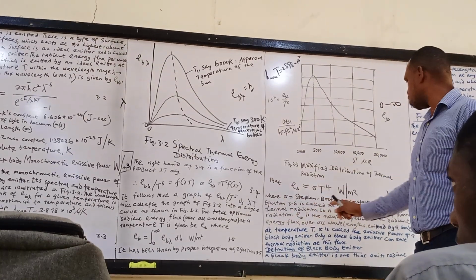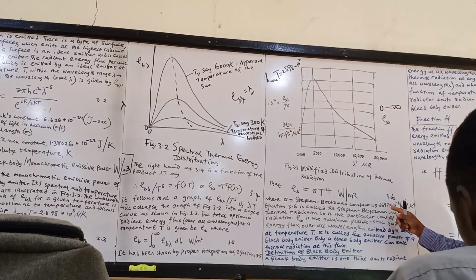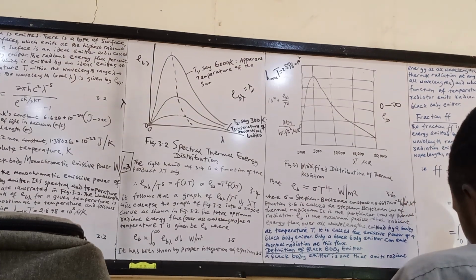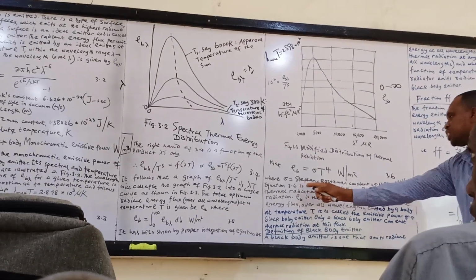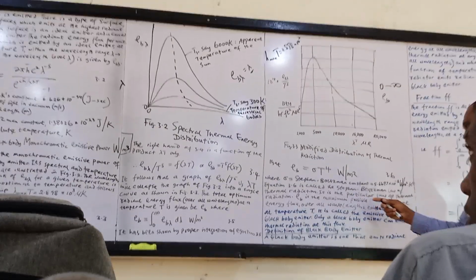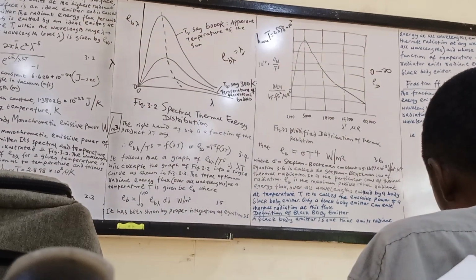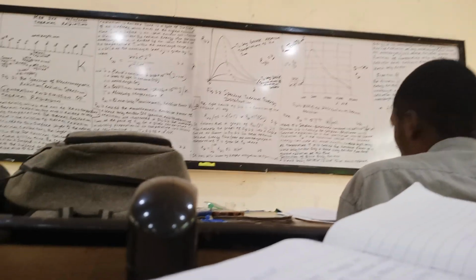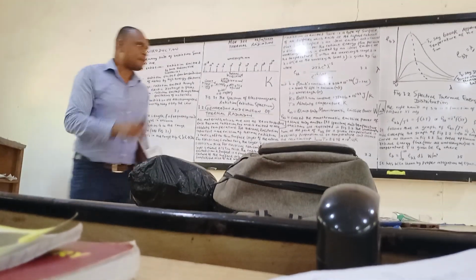Where sigma is the Stefan-Boltzmann constant, which is given by 5.6697 times 10 to the power minus 8 watt per meter squared per Kelvin raised to the power 4. So equation 3.6 is called the Stefan-Boltzmann law of thermal radiation. It is a particular law of thermal radiation, just as we say that Fourier's law is a particular law of heat conduction. That is a particular law of thermal radiation.